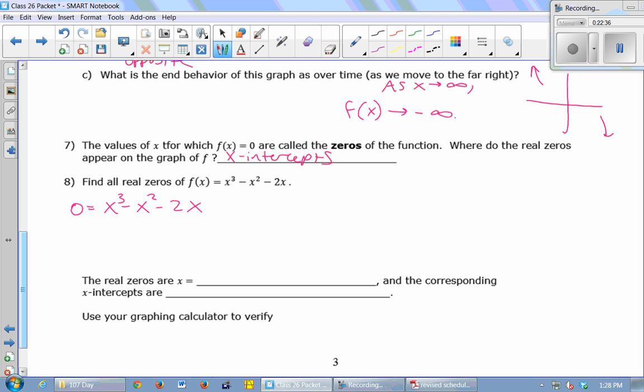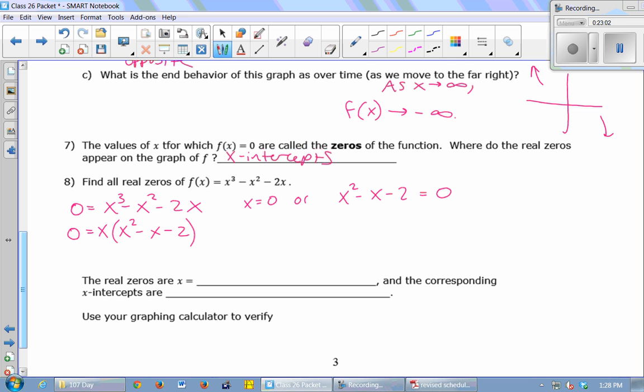Do you have any ideas on how to solve this? Pull out an x. We can factor out an x, so I have x squared minus x minus 2. Then what? Set each factor to 0. So either x equals 0 or x squared minus x minus 2 equals 0.